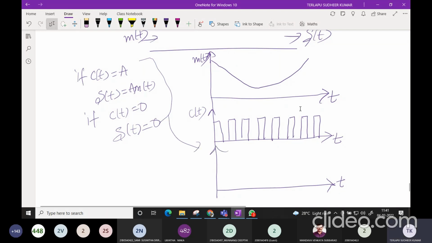So as a result, I can have this is my first pulse, this is my second pulse, third pulse.